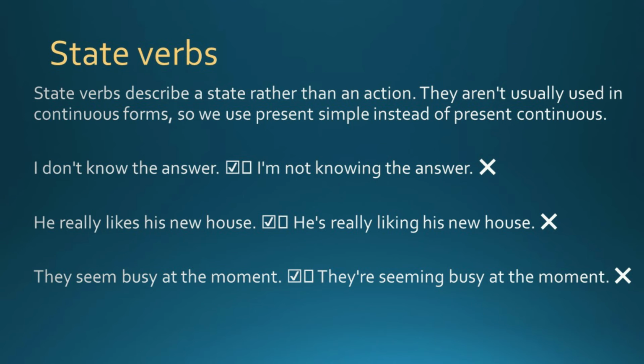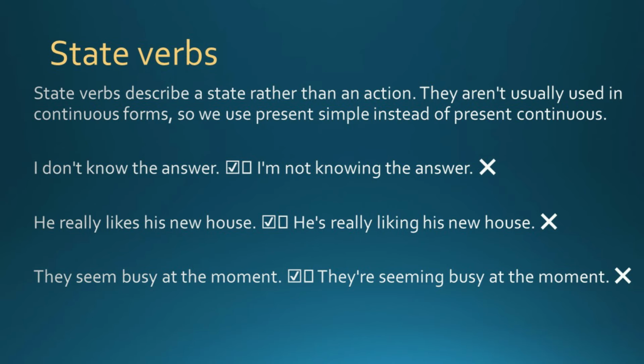State verbs play a pivotal role. State verbs describe a state rather than an action. They aren't usually used in continuous forms. So we use present simple instead of present continuous. For example, I don't know the answer, instead of I'm not knowing the answer.